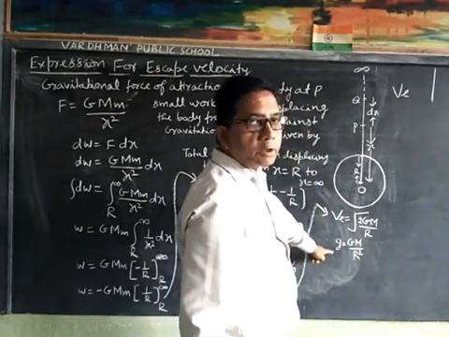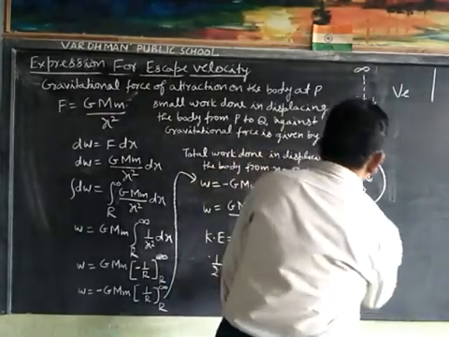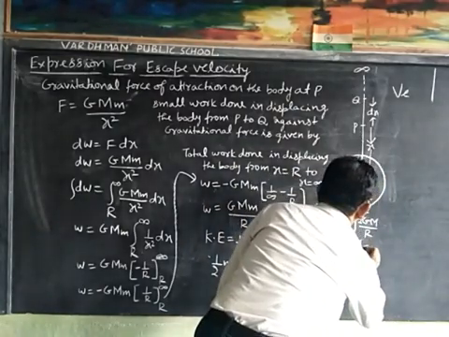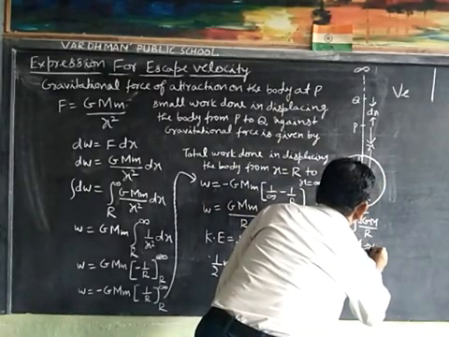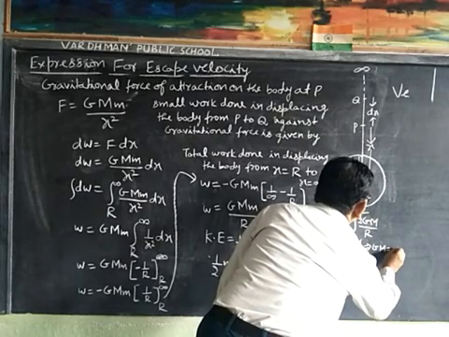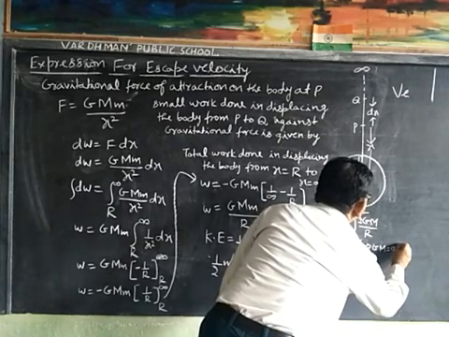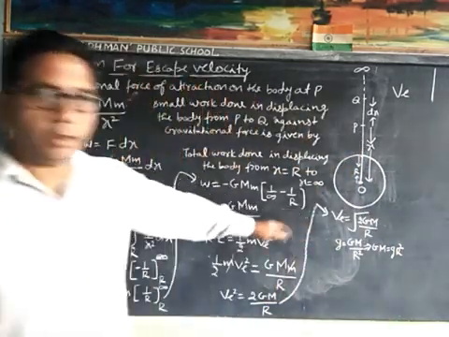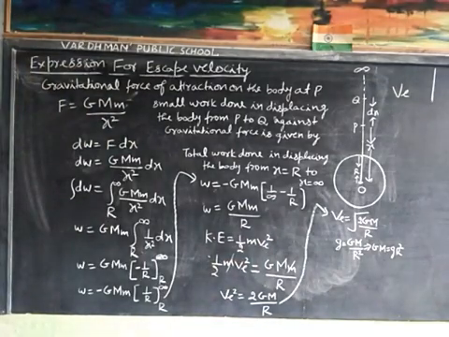This is the relation between small g and capital G. From here GM is equal to gR square.